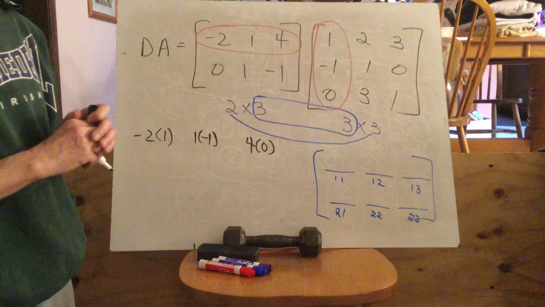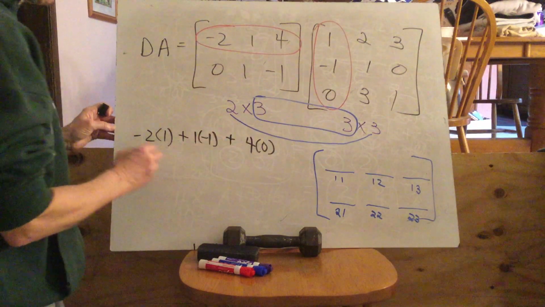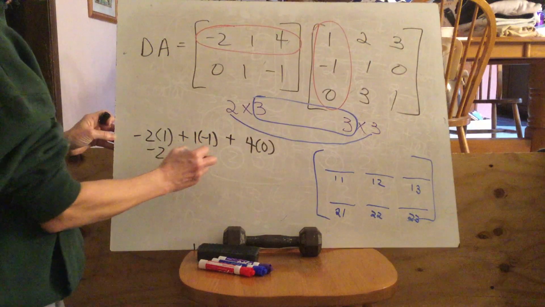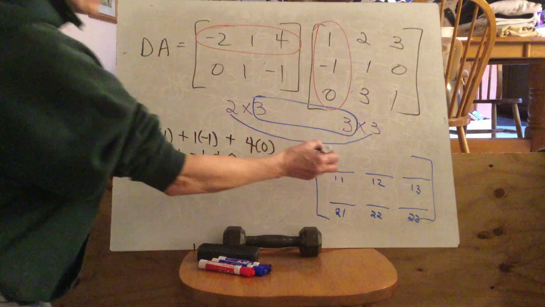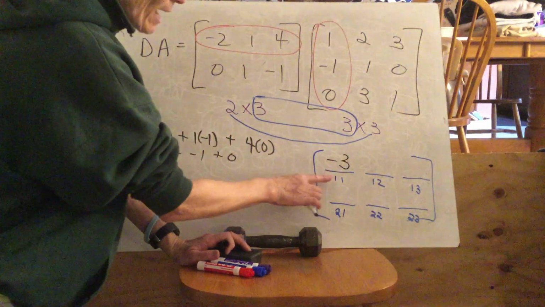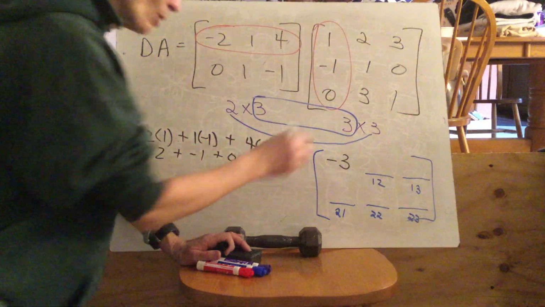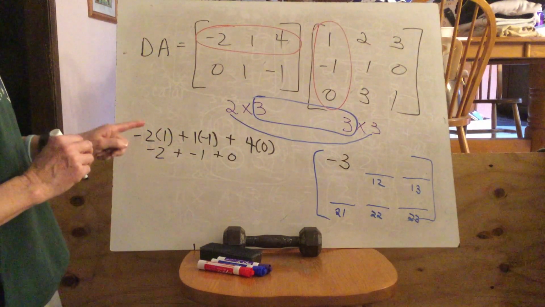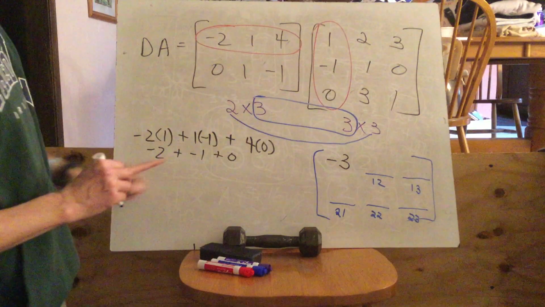That is my first column. And then I'm going to add all those numbers up. So I get -2 plus -1 plus 0. So -2 and -1 makes -3. Now, this is not a fraction. This isn't really there. That isn't even really there. That first number is a -3. Because -2 times 1, 1 times -1, 4 times 0.